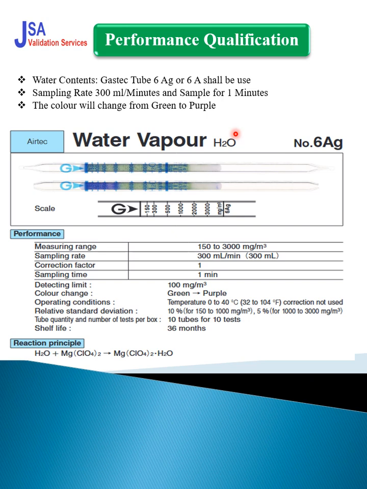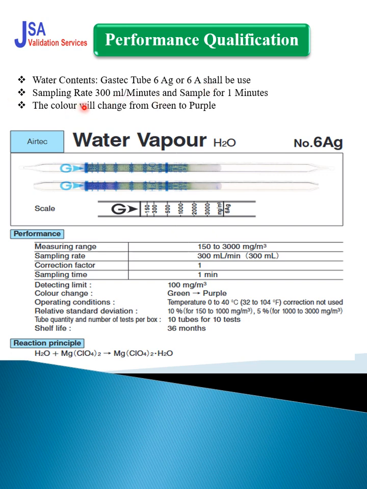So different types of Gastec tubes are available in the market, so you can use accordingly. Range like 6AG will be a higher range, 100 to 3000 mg per meter cube, and 6A is 20 to 80 mg per meter cube. This is the range difference.